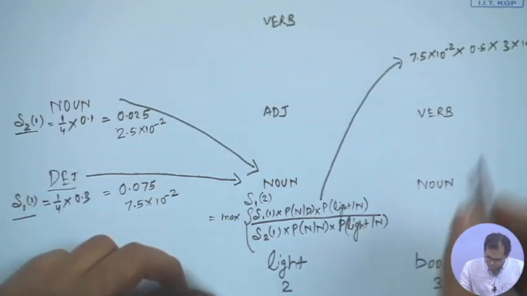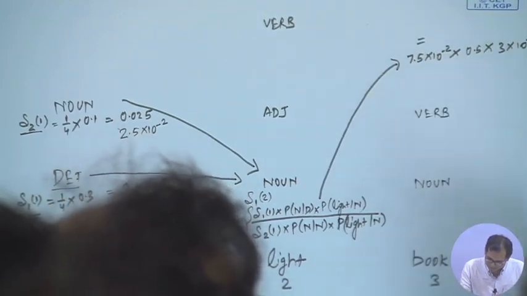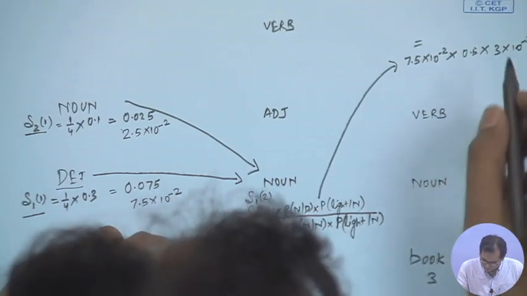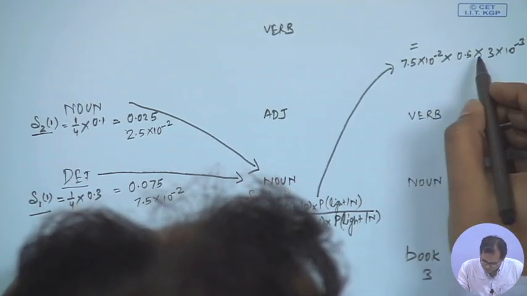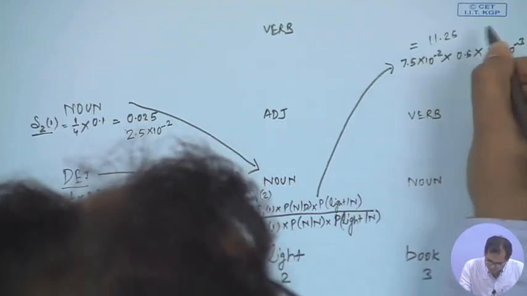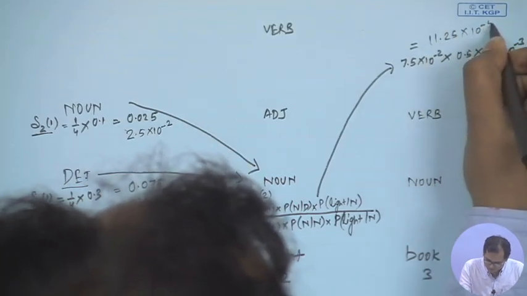This gives me 3.75 into 3, 11.25 into 10 to the minus 5.